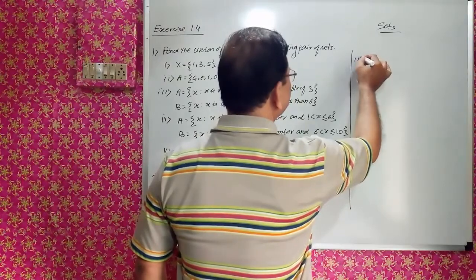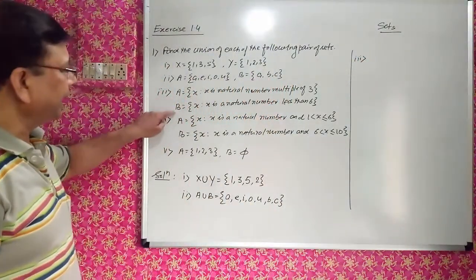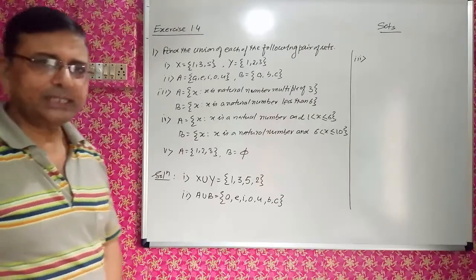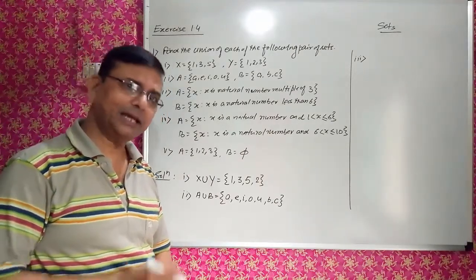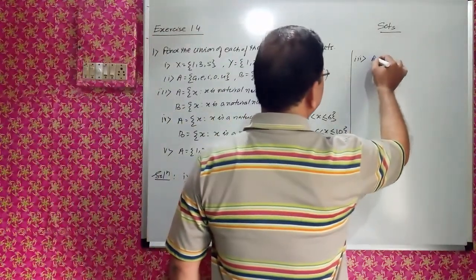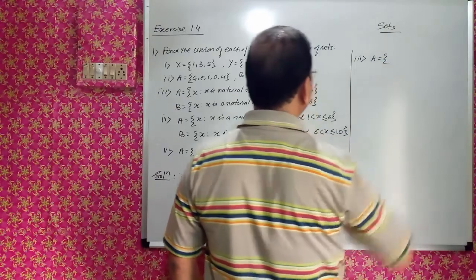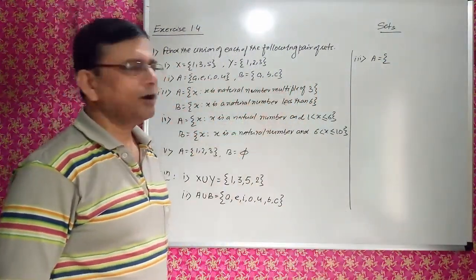I will go for the third question. Third question, A and B, two sets are there. So these two sets I will write in listing form first, right? Then we will find the union. So A. X is a natural number multiple of 3.